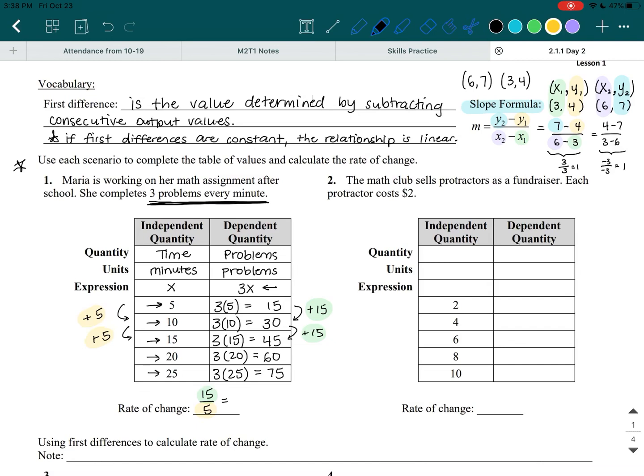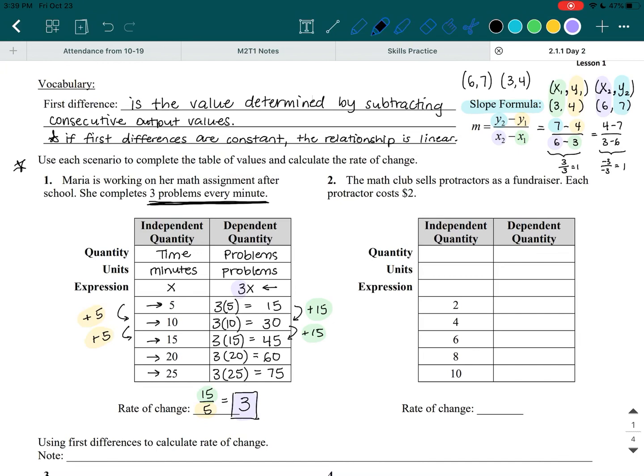If you divide 15 by 5, you'll get our rate of change, which is 3. Okay, so our rate of change is 3. And I also want you to notice that this 3, you can see it in our equation right over here. It's the number that's being multiplied to x every single time.